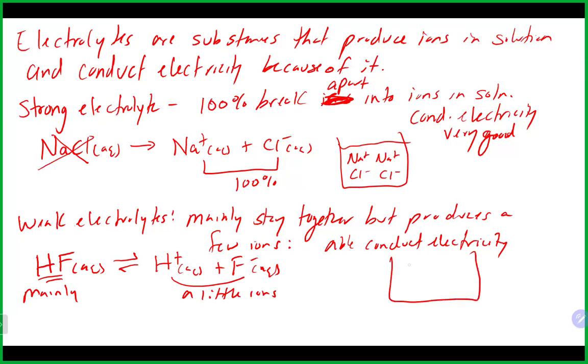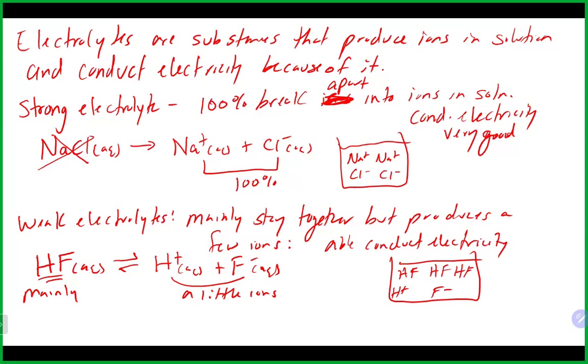If you look at a beaker of HF, you would mainly see the HF still together, but you will produce a little bit of these free ions in there. Because of that, it's still able to conduct electricity, but again, nowhere near as well as a strong electrolyte.